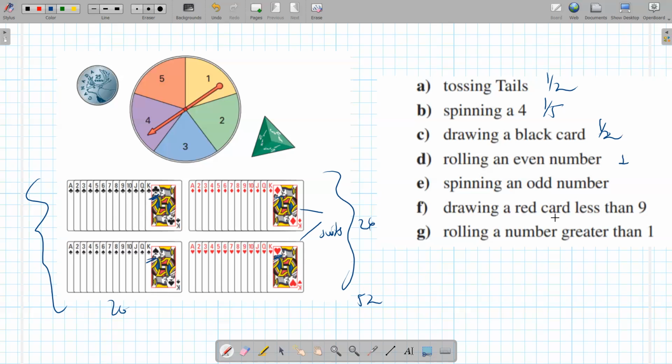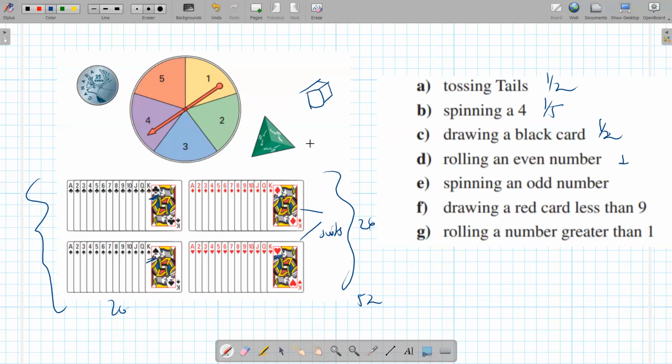Okay. Is this talking about this thing, or is it talking about a dice? If it was a dice, then what would be the probability of rolling an even number? 3 out of 6. You can reduce that.